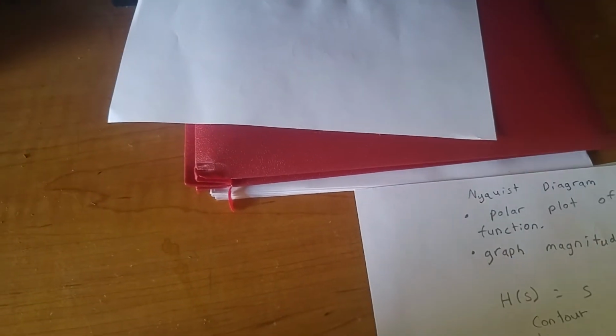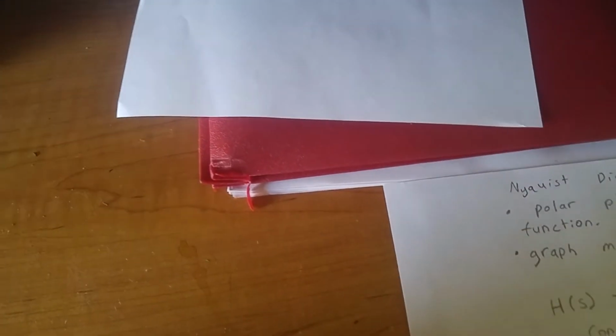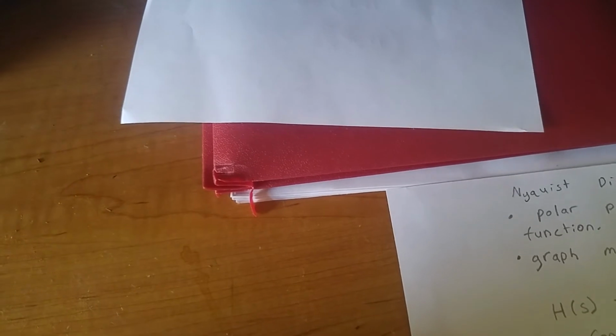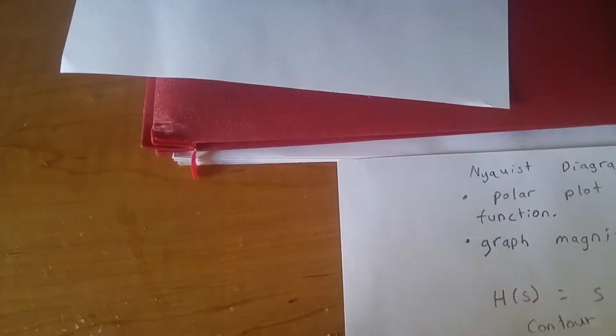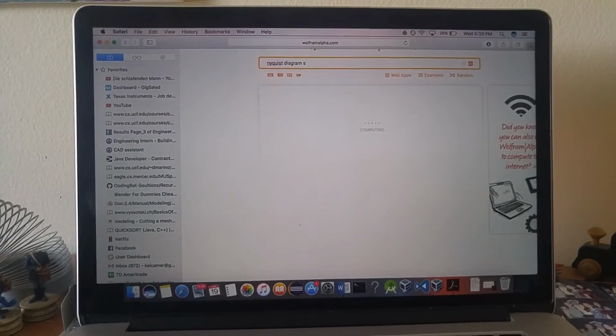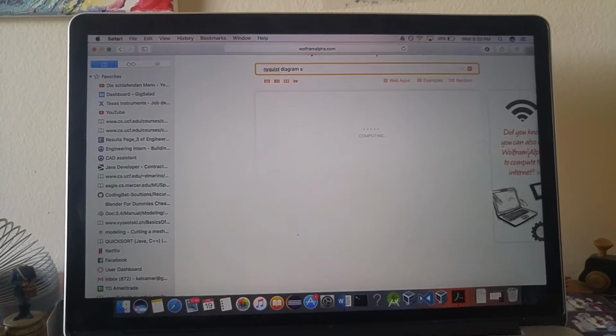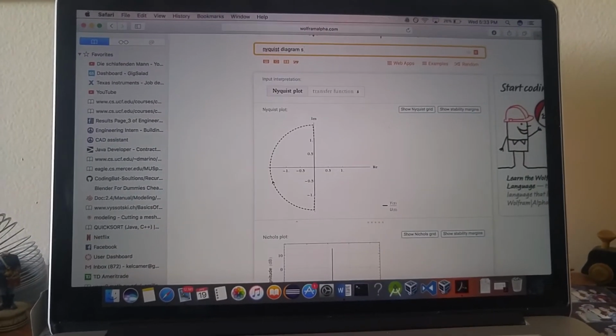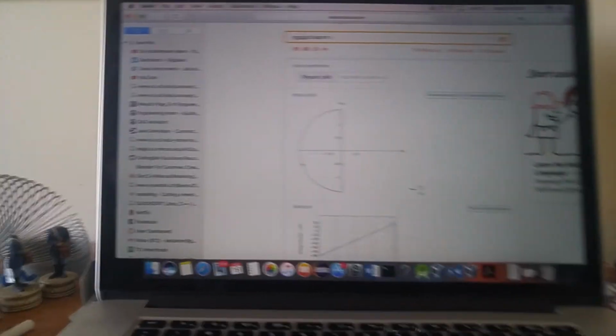So now if I type this in Wolfram Alpha, you'll see that I got the correct Nyquist diagram. See that? Notice that they have a dashed line right there.